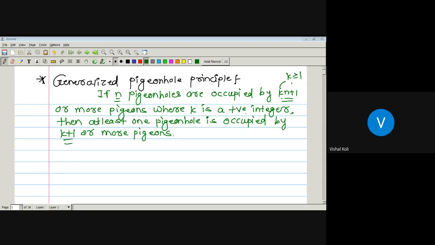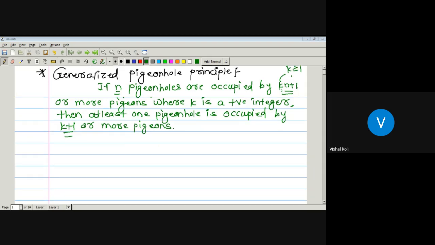Okay, if k is equal to 1 also, then there are n pigeonholes and n plus 1 pigeons. Then we just apply the pigeonhole principle. If k is equal to 1, then the number of pigeons will be equal to n plus 1, and n plus 1 is greater than n.